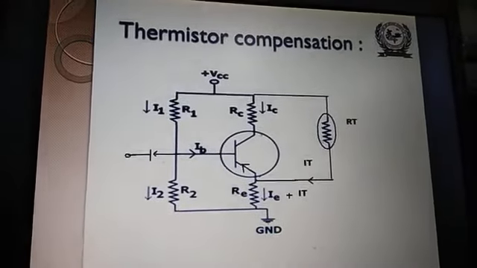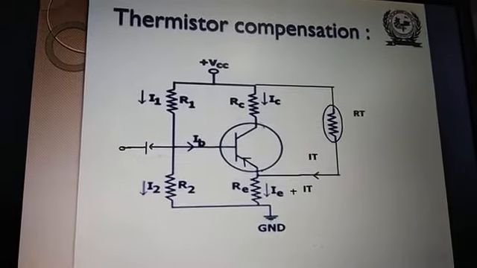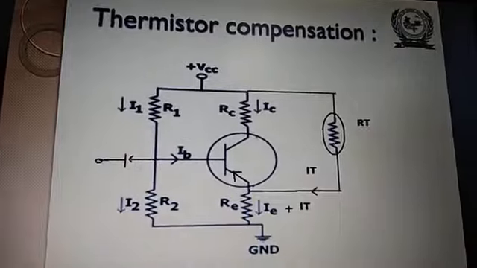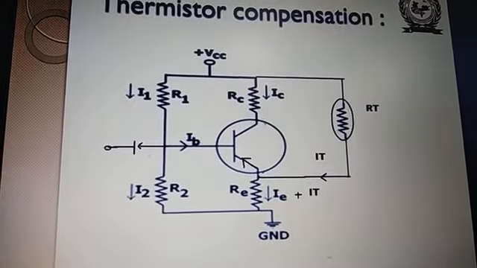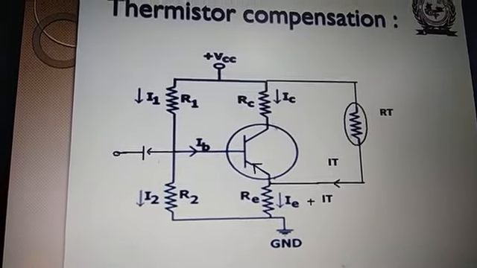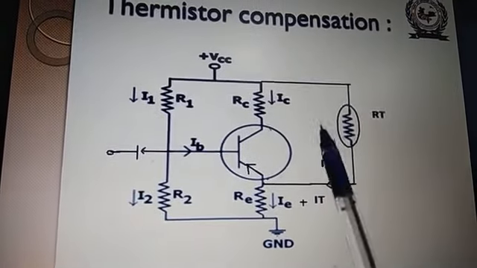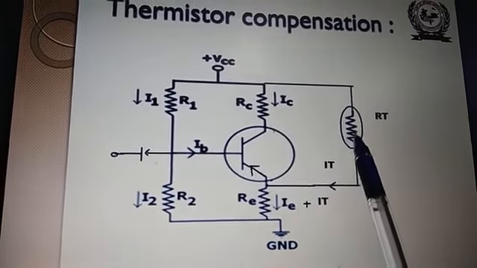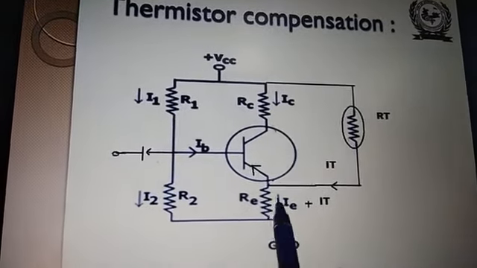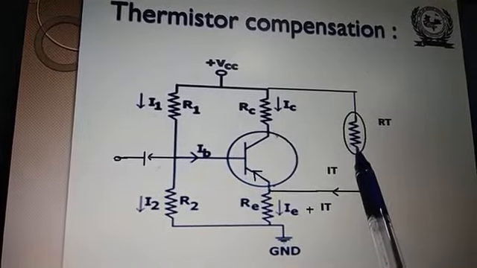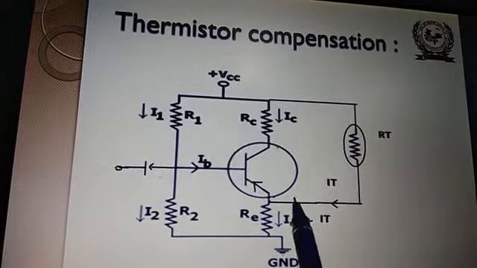In place of this, you can use this RT, that is a thermistor resistance. Thermistor you can use, where we can utilize its resistance change due to increase in the temperature. As the temperature increases, the resistance of this thermistor will change, and due to change in resistance, this collector to emitter voltage will change, because the drop across this resistance will be this collector to emitter voltage, and this VCE will change.